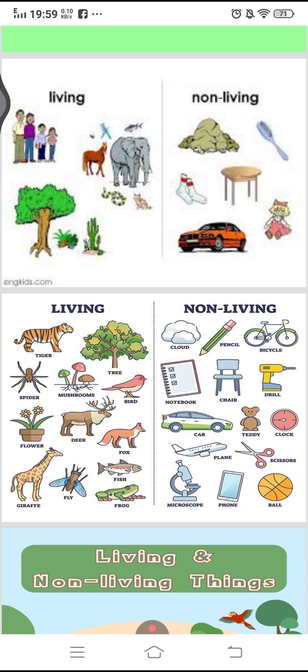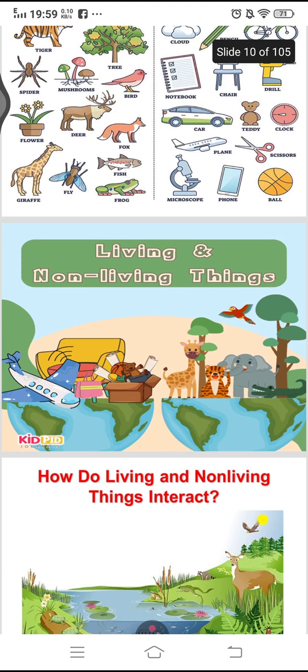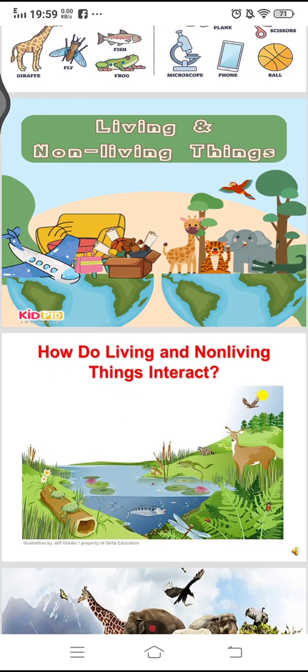We move them, they cannot move on their own. We allow them to move. We carry them from one place to another. Here is another example of living and non-living things. Non-living things are not alive, living things have life.